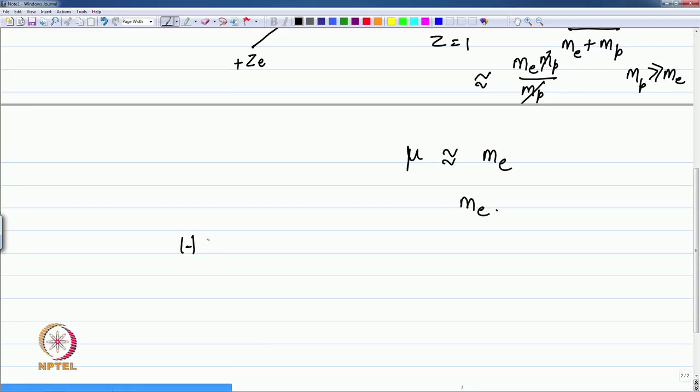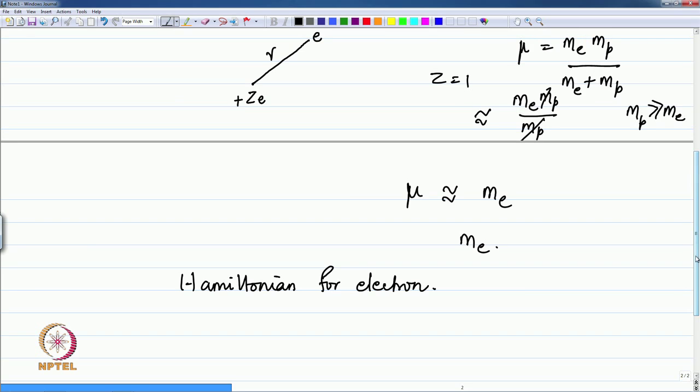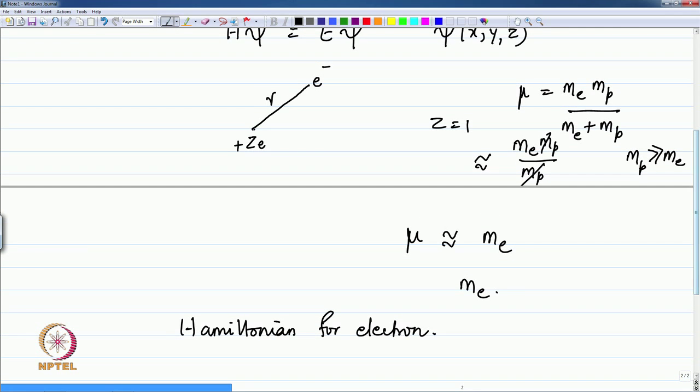Therefore, we need the Hamiltonian for the electron. So let us assume that the nucleus is stationary and does not contribute to the overall kinetic energy of the atom. That is already there in the center of mass, which is not considered here.